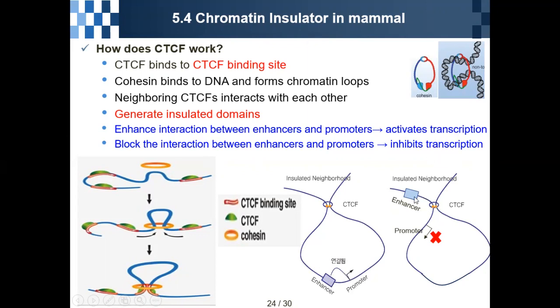However, if the enhancer and promoter are separated by an insulator, CTCF, it will block the interaction between them, which means it will inhibit transcription. So there will be two cases, and you have to explain this mechanism. Okay, do you understand it?